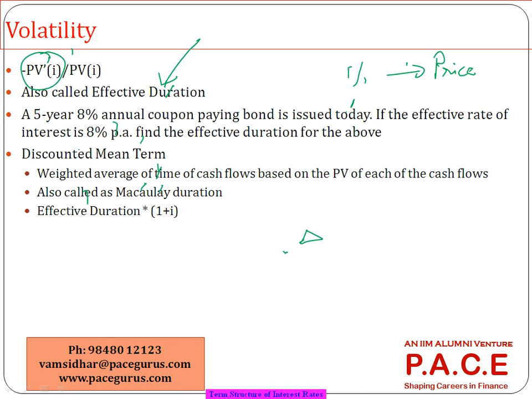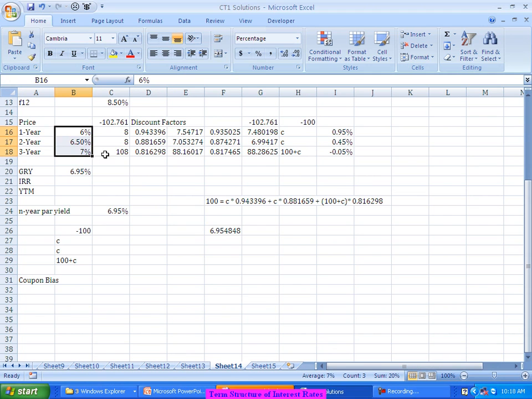And what we are saying is, if the interest rates are going to change by a little extent, either I can use the gross redemption yield, which is the same rate for the entire period, or I can use the spot rate. For simplicity purposes, we can very well use the gross redemption yield.